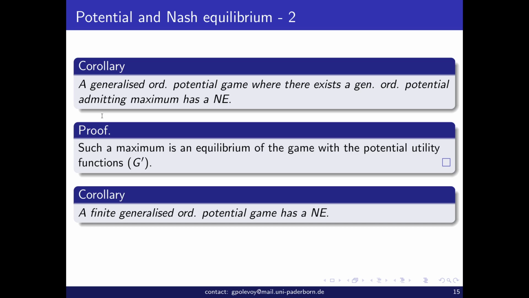So this game has a Nash equilibrium. And since when you have a finite set of possible profiles, any function has a maximum on this set, in particular a generalized ordinal potential function, we have another corollary, which is that a finite generalized ordinal potential game always has a Nash equilibrium.